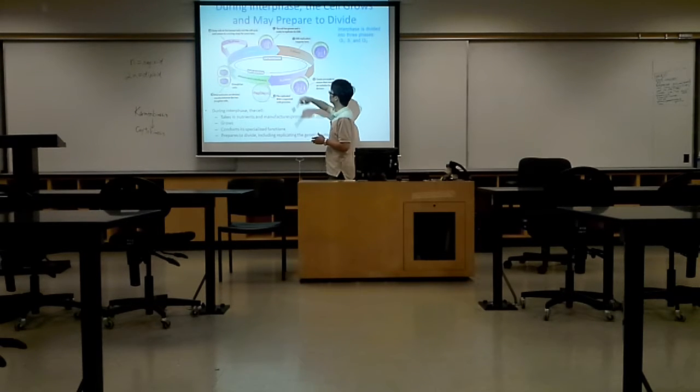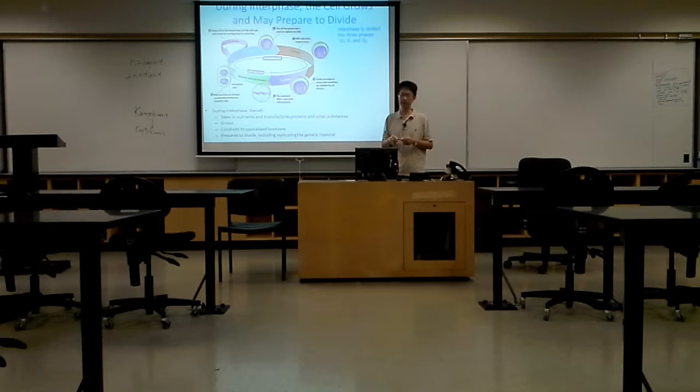G1, G stands for grow, so the cell grows. S stands for synthesis. What does it make during this S stage? It makes DNA. So DNA replication or DNA synthesis is during S phase. And G2 phase is also the second growth phase. After G2 phase, it goes to the M phase or the cell division.